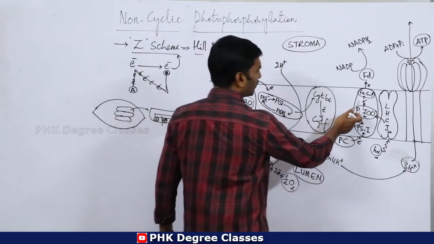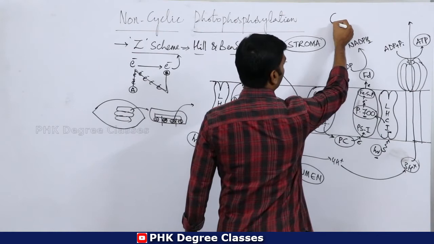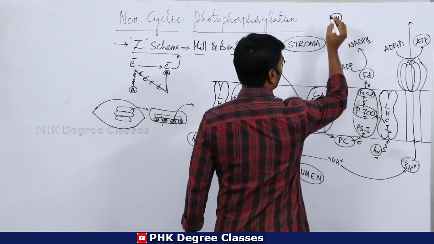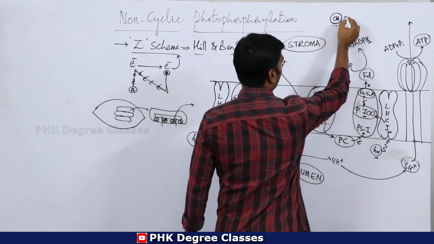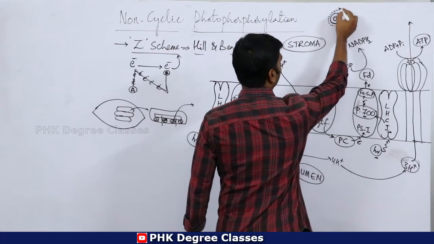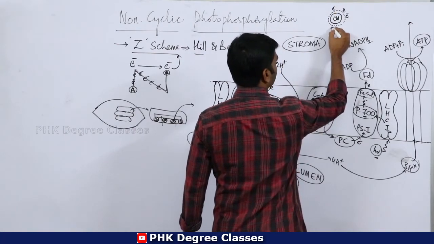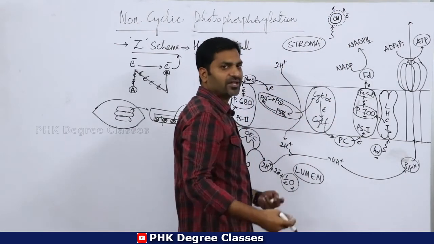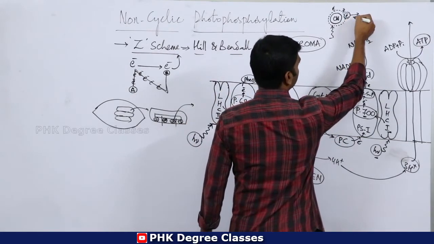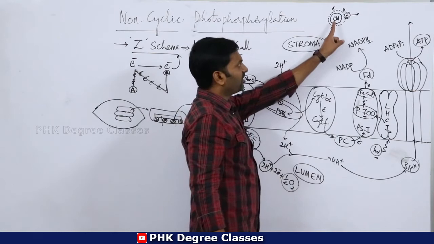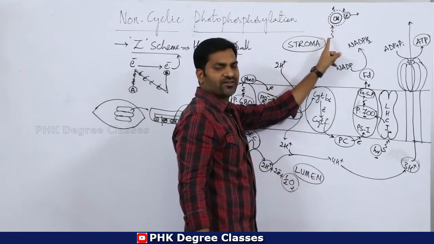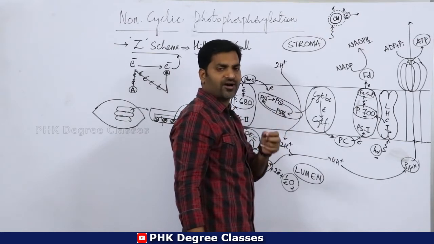This is a chlorophyll molecule, so there is an outer orbit composed of electrons. Whenever it receives sunlight, nothing but energy, the outer electrons are lost. First of all, it will be in an excited condition whenever it receives energy in the form of sunlight.